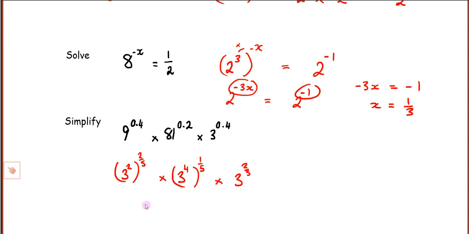Next step is to go 3 to the power of 4/5 multiplied by 3 to the power of 4/5 multiplied by 3 to the power of 2/5. All right, which we end up as 3 to the power of 4/5 plus 4/5 plus 2/5 is 10/5, which is 3 to the power of 2, which is 9.